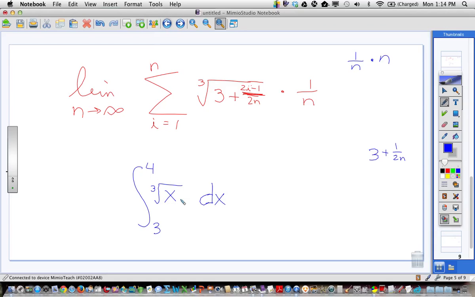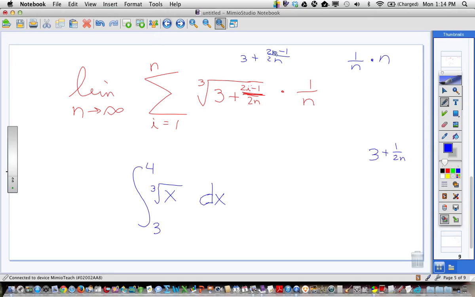Or we could have plugged in an n, right? You want to know where it starts? Put a 1 in for i. Want to know where it ends? Put an n in for i. Now the problem is, when you do that, you end up with 3 plus 2n minus 1 over 2n.